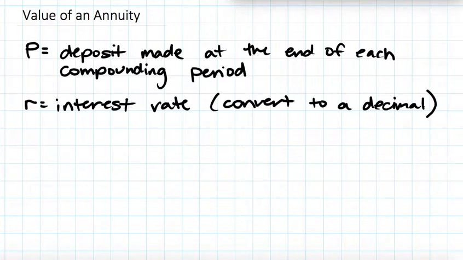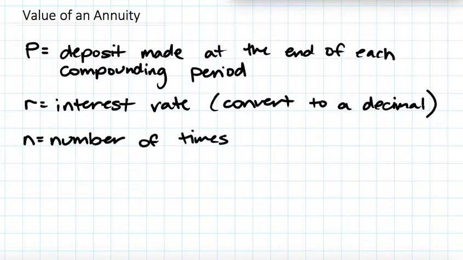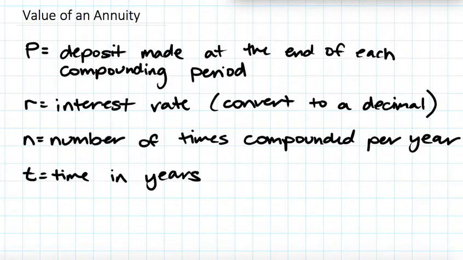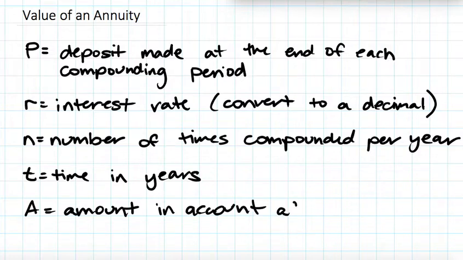We have N, which is the number of times compounded per year. We have T, which is time in years. And A is the amount in the account after T years.